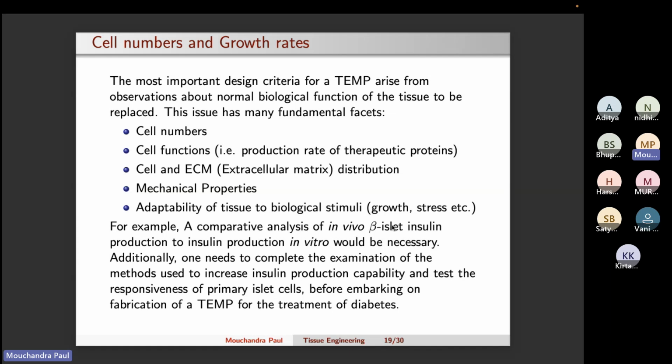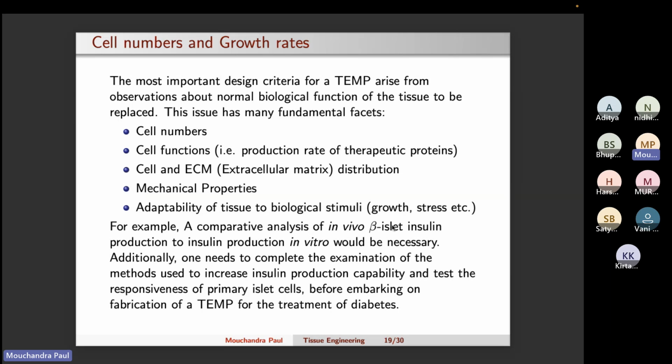Then cell function: what cell function you want to mimic in your product. Then cell to ECM distribution. For cartilage we have seen that the cell density of the chondrocytes is very low, but when you talk about skin, it is not so. The order of cell number is extremely different.